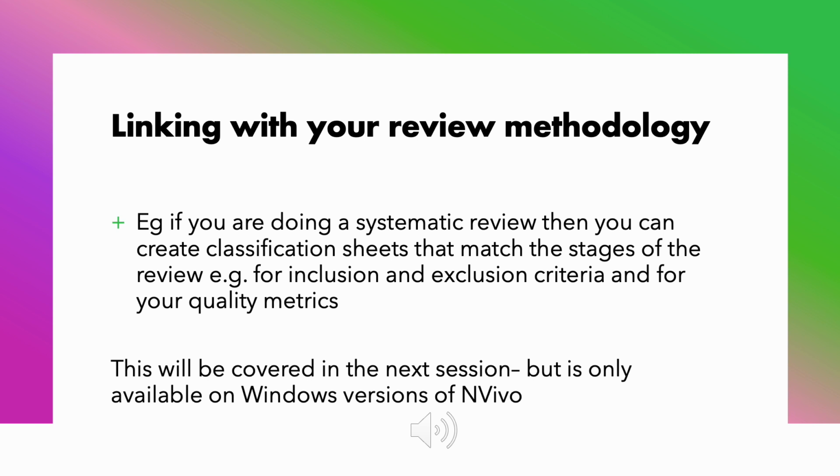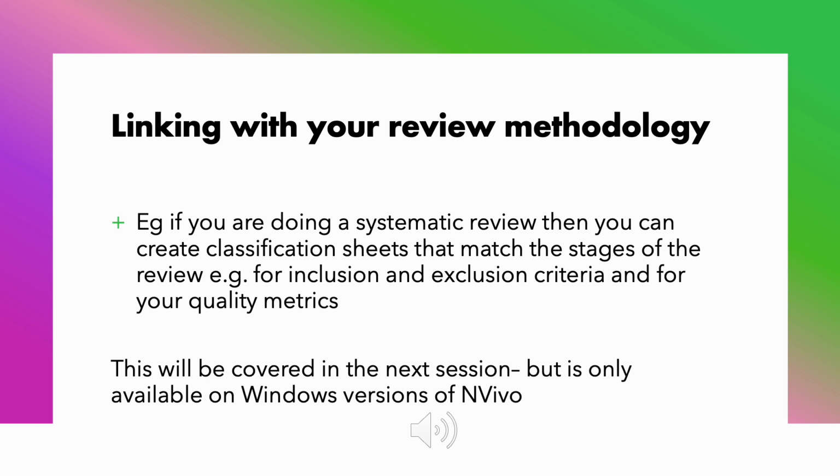So let's now link to literature review methodology. Basically what we need to do is to develop the system, the structure of the nodes, so that they relate to each of the stages in your systematic review. We've looked before at Boland et al. and their stages, and that's a good one to look at. Basically we might create classification sheets that match the stages.